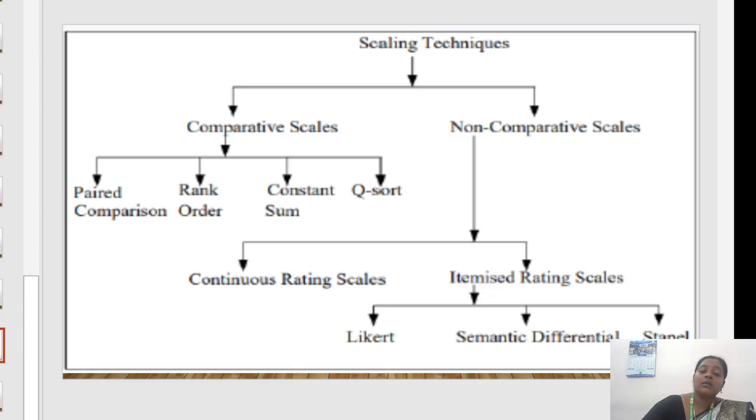So, attitude scales are specialized instruments designed to measure the individual's feelings, beliefs, opinions, and predispositions towards specific objects, events, issues, or persons. Since attitudes cannot be observed directly, researchers infer them through responses to carefully designed statements or questions.